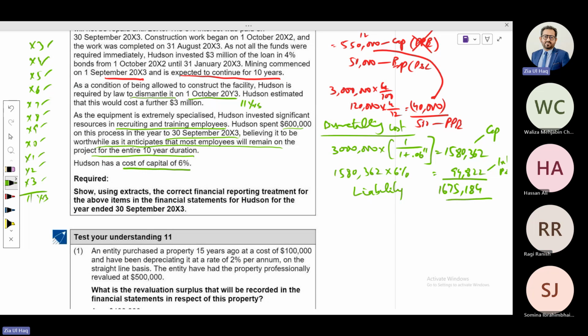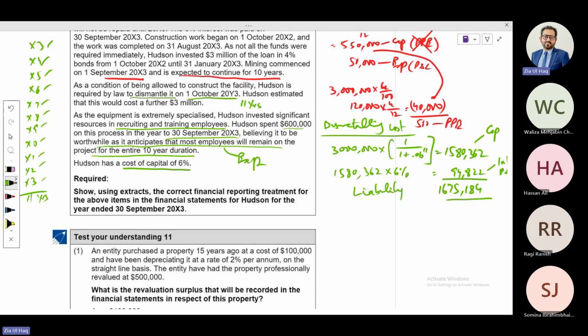Whether this recruitment and training cost should be expensed or capitalized? Expense. Why? Because if employees move before 10 years, they are not providing benefit to us over a longer time period. That's why this training should be expensed.